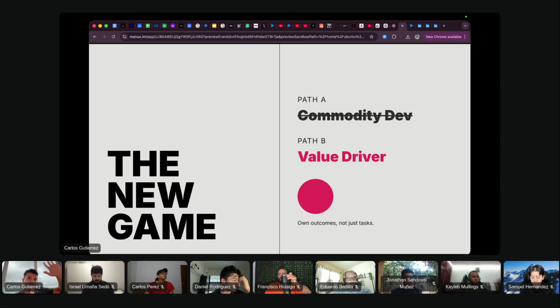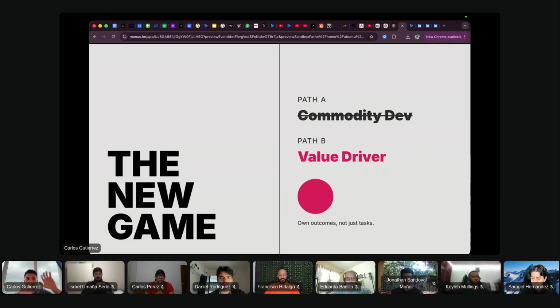On one side are the old-school developers who are not getting up to speed with the AI changes. Development is getting commoditized. That's on one side. And on the other side, the super powerful AI-driven developers. They understand value.